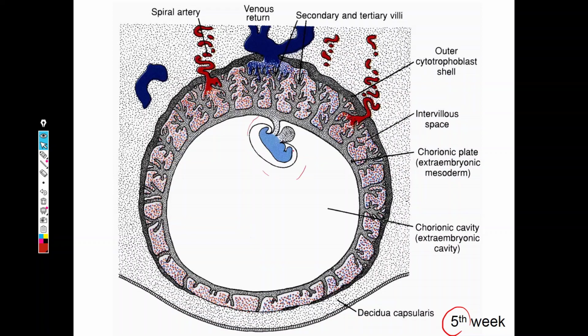And during this embryonic development, within 8 weeks, we reach about 3 centimeters, and weight is only about 2 grams. So during embryonic development, 3 centimeters, 2 grams of weight. So the growth of the embryo itself is very minimal.